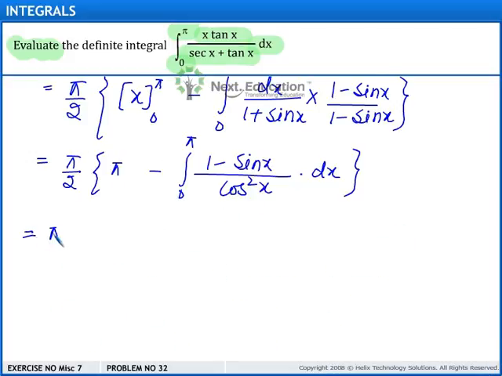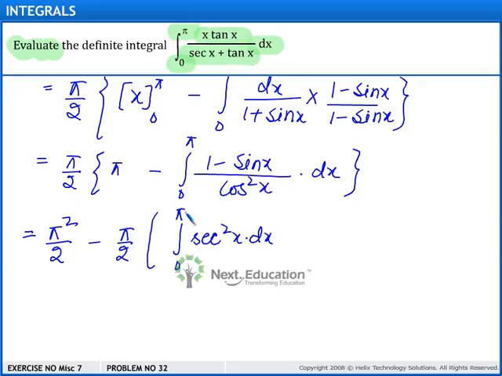Now this is equal to pi square divided by 2 minus pi by 2 times the integral of 1 divided by cos square x, which is sec square x, into dx from 0 to pi.